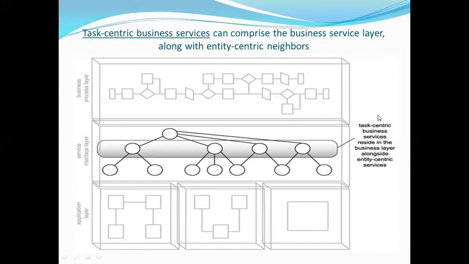Task-centric services reside in the business layer alongside entity-centric services. Both reside in an individual layer called the business service layer, which is a part of the service interface layer.